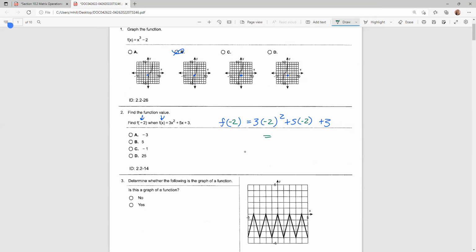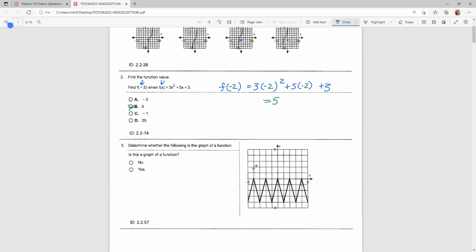But 3 times -2 squared plus 5 times -2 plus 3 is going to give you 5 when you plug that in your calculator. Okay, everybody good with that? I don't mind going to the calculator and doing that, but if you type it in just like that, that's what you should get.